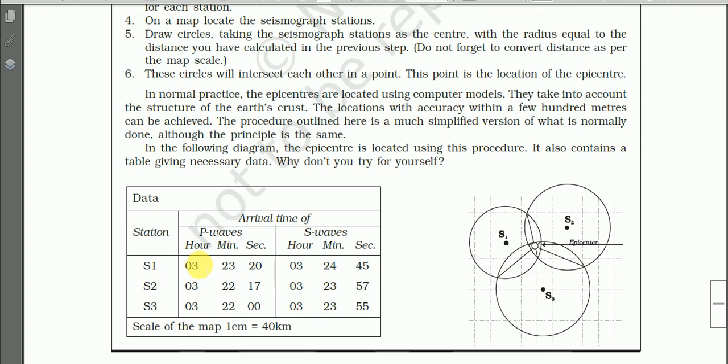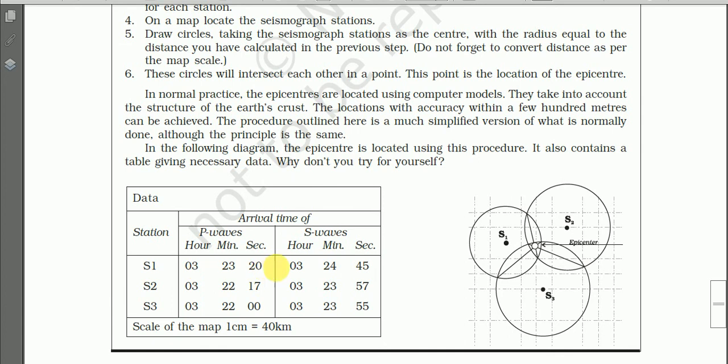The arrival time of P waves is 3 hours 23 minutes 20 seconds, and the arrival time of S wave is 3 hours 24 minutes and 45 seconds.